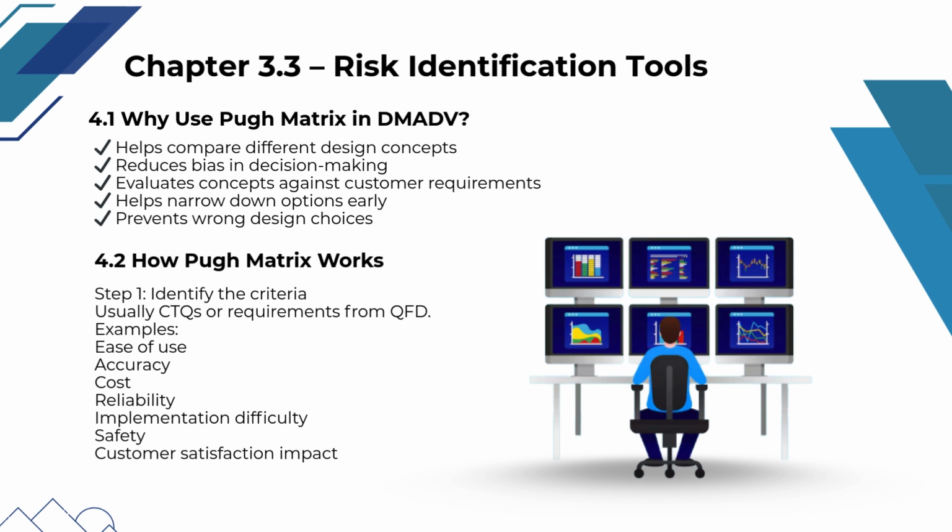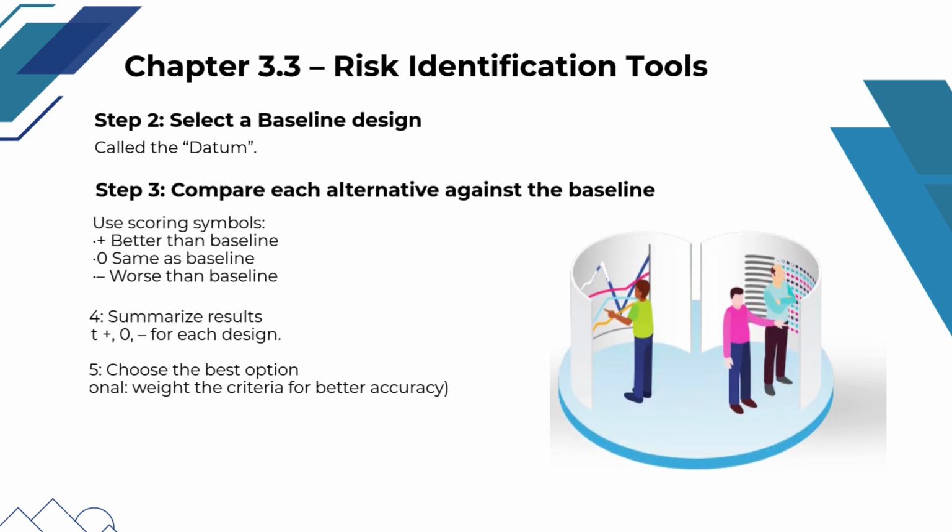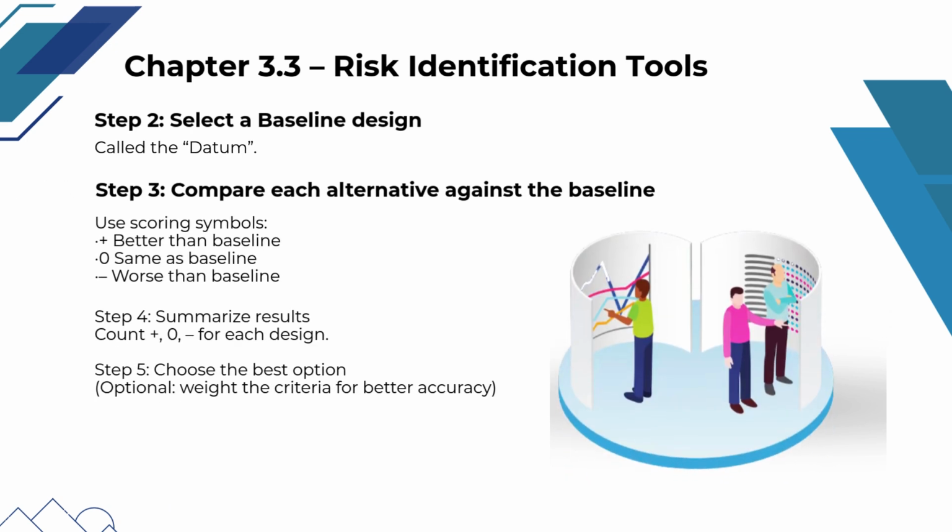First, select a baseline design, known as the datum, against which all other alternatives are compared. Each alternative is then evaluated relative to this baseline using simple scoring symbols: plus if it is better than the baseline, 0 if it is the same, and minus if it is worse.